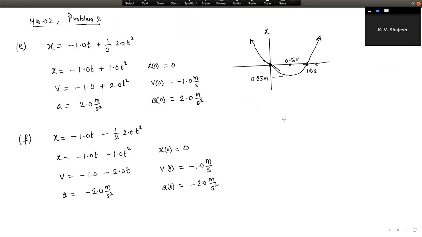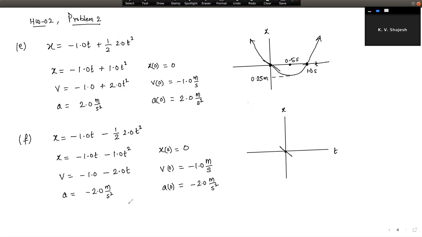Again, have our axis. At least I will draw the plot and not do the complete detailed calculations there. It again passes through the origin. So it's t, that's your x. It still passes through the origin, but this time with a negative slope.